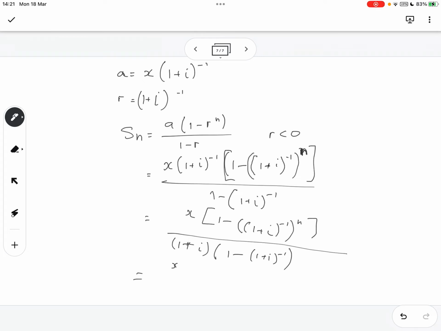And then we're going to get the same effect, so it's going to be x into 1 minus 1 plus i to the power negative n, and this becomes 1 plus i minus 1.